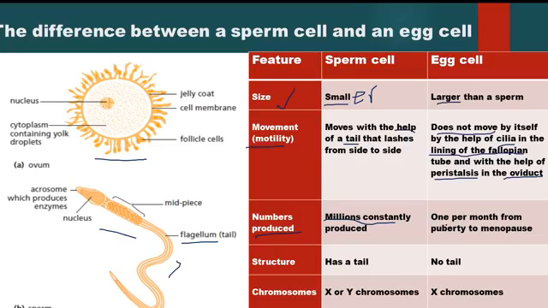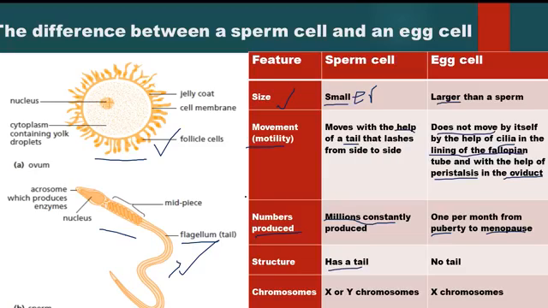Okay? So one per month from puberty until menopause. In terms of structure, from our diagram you can see the sperm has got a flagellum or a tail. The egg doesn't have a flagellum or a tail.